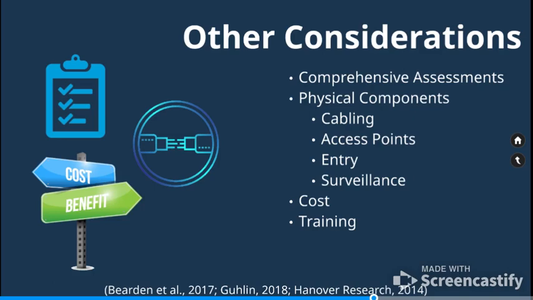When we're looking at the physical components, ensuring that we have the appropriate cabling to meet the needs of the devices that we are needing to connect to technological services. So really fiber is the highest quote unquote future proof cabling system, but many districts are still using less future proof means, such as like a cat 5 cable or cat 6.